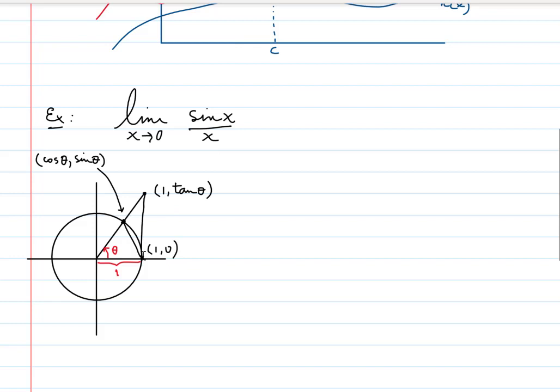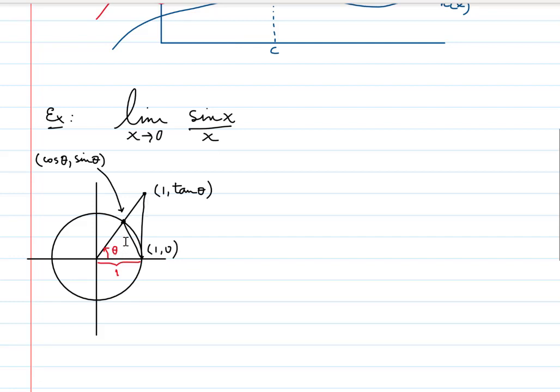Now, if we project or draw this bigger right triangle all the way over here, this point right here happens to be 1 comma tangent of theta. This shouldn't be too hard to see. One side of that right triangle is 1, and the other can be derived in relation with this theta. This length right here has to be tangent of theta. Why?